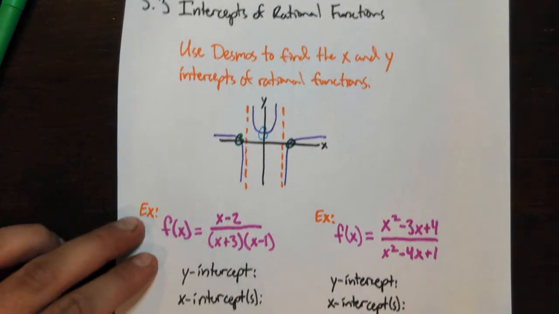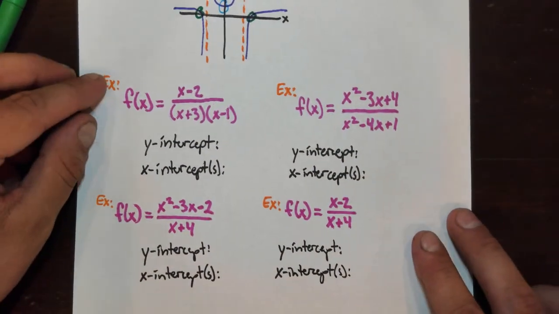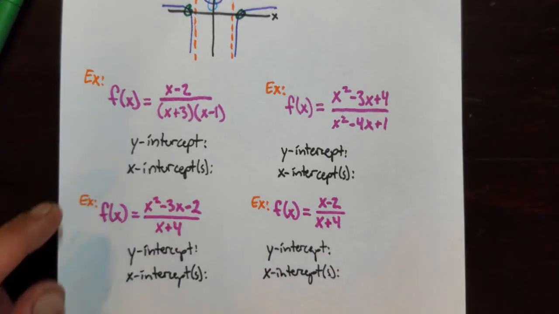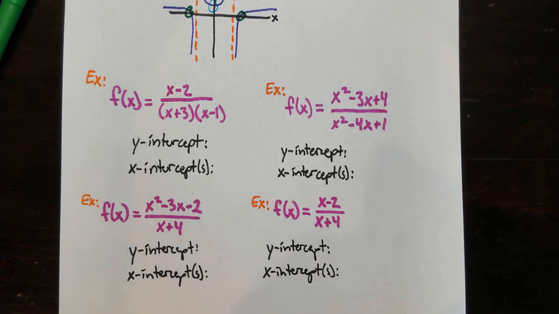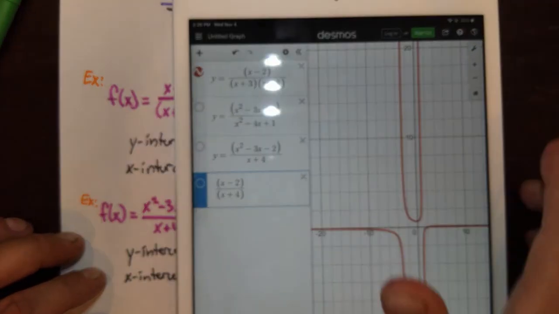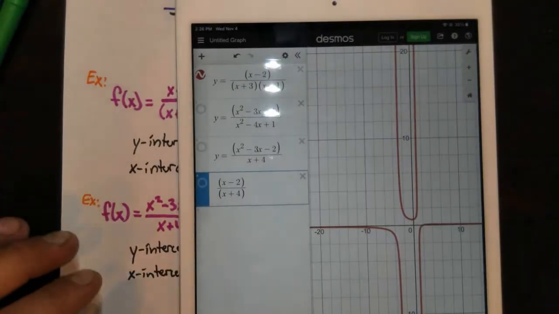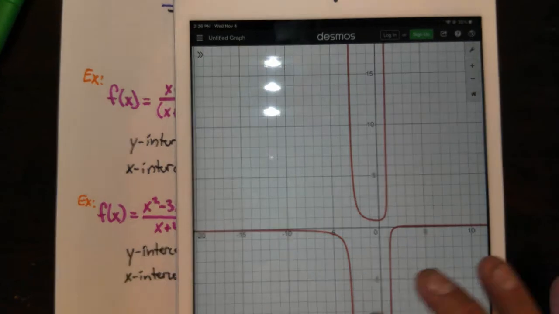So let's go ahead and look at some examples and use Desmos to figure this out. Our first function is f of x equals (x minus 2) divided by (x plus 3)(x minus 1). Here's the function.